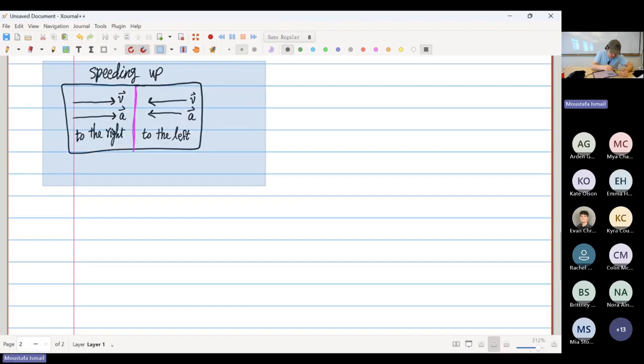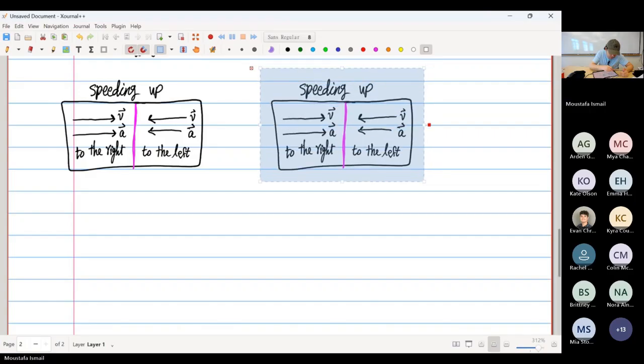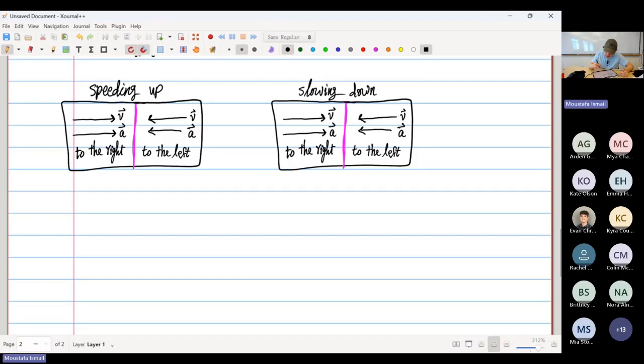Then we have the same concept, but for slowing down. Now we have the acceleration different from the velocity.